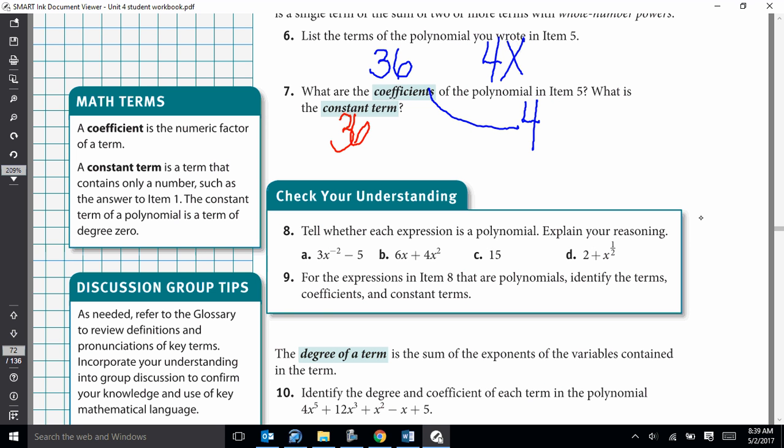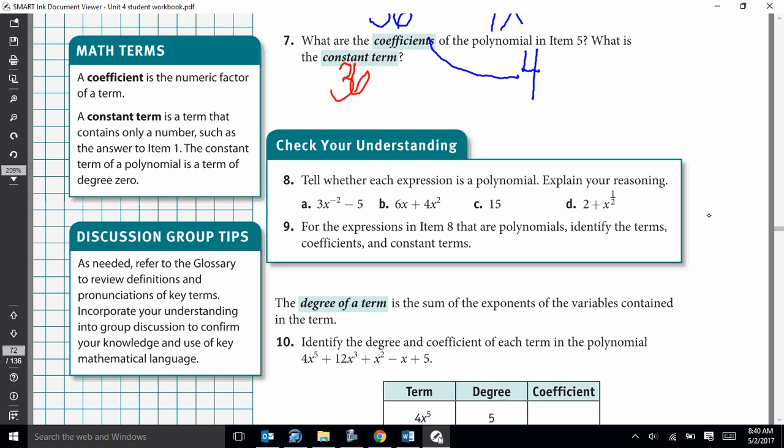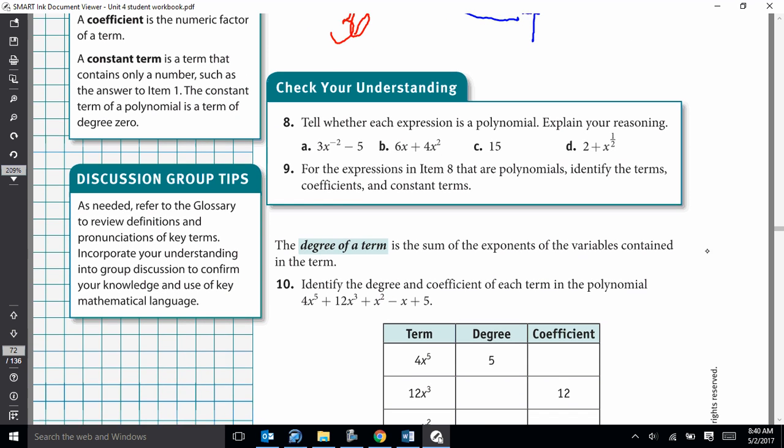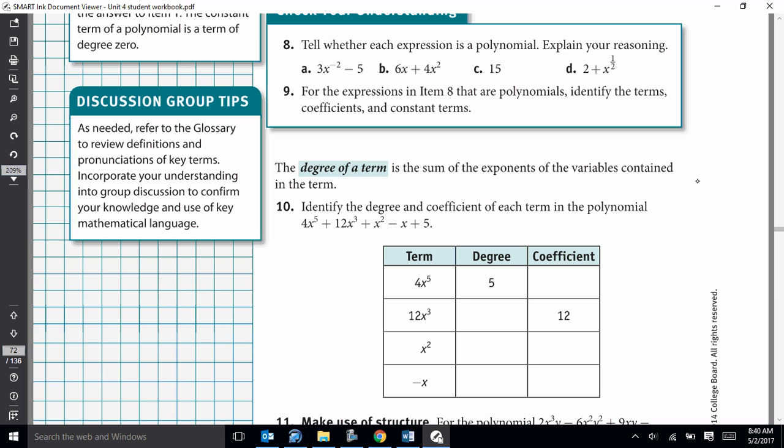And how could we write 1/2? Is there another way that we could write that power? Okay, 0.5. Alright. Everything else we have whole numbers.